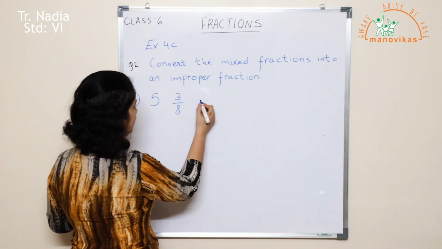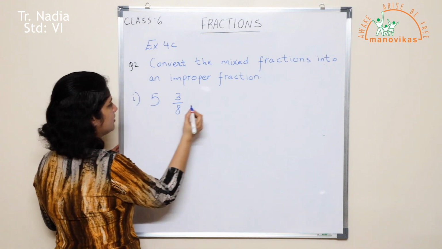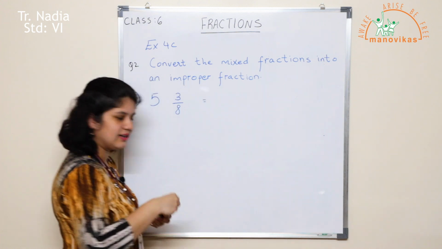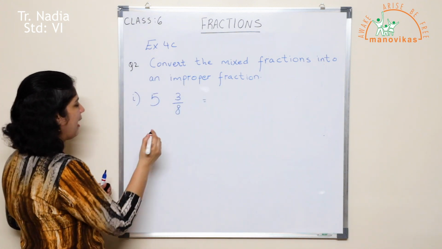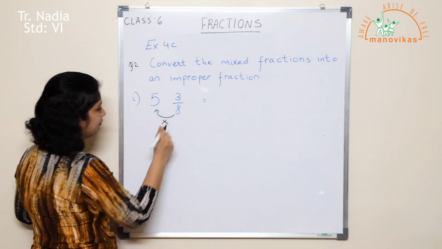So what is the method? This is the numerator, this is the denominator, this is the whole number. So you have to follow a circle in the backward fashion. So 8 will be first multiplied by 5.